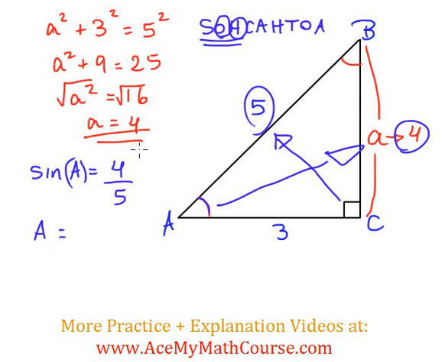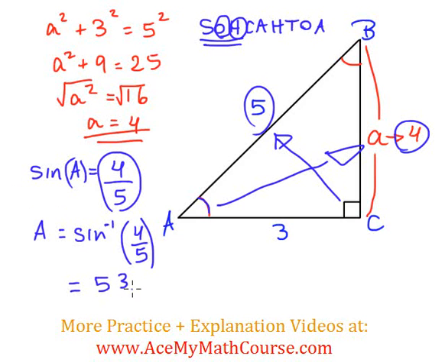Great. Now how can I find A if I just have 4 over 5 as the sine? I need to use the opposite function of sine, sine inverse of 4 over 5. And we need a calculator to figure that out. So sine inverse of 4 over 5 is equal to 53.13.